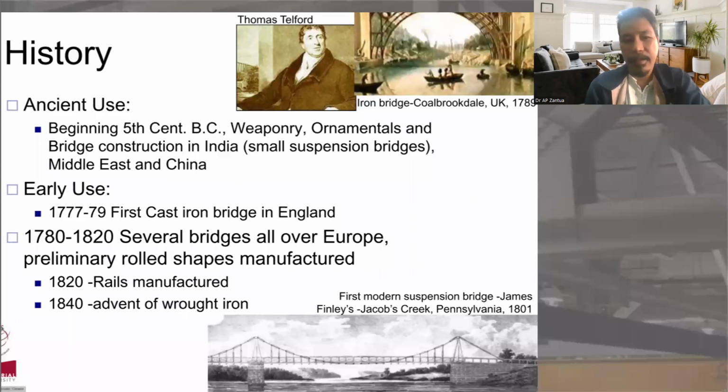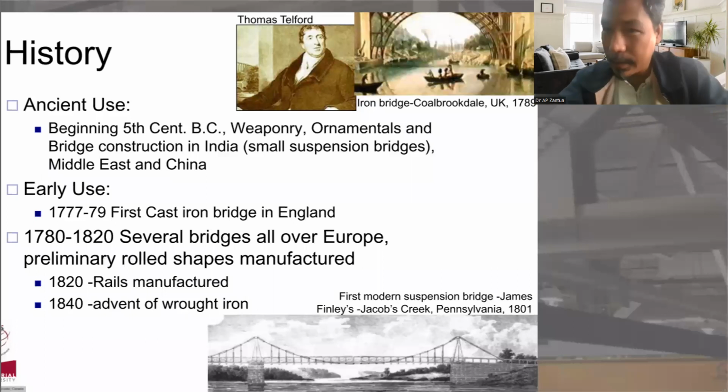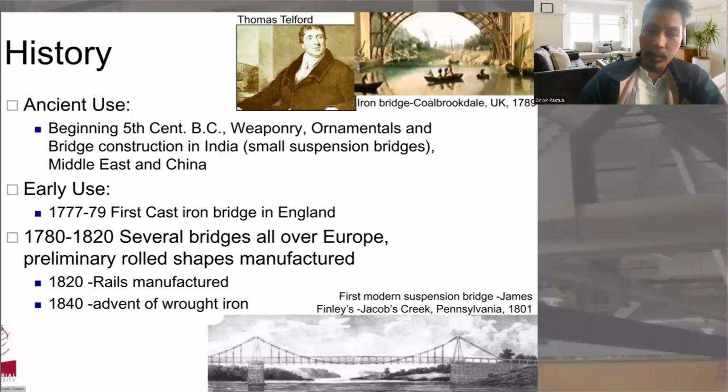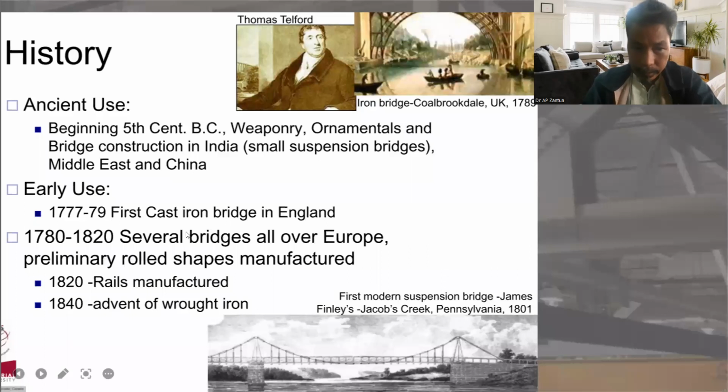In 1820, rails were manufactured. In 1840, the advent of wrought iron, another technical word, read as wrought iron. So there are now steel, cast iron, and wrought iron.